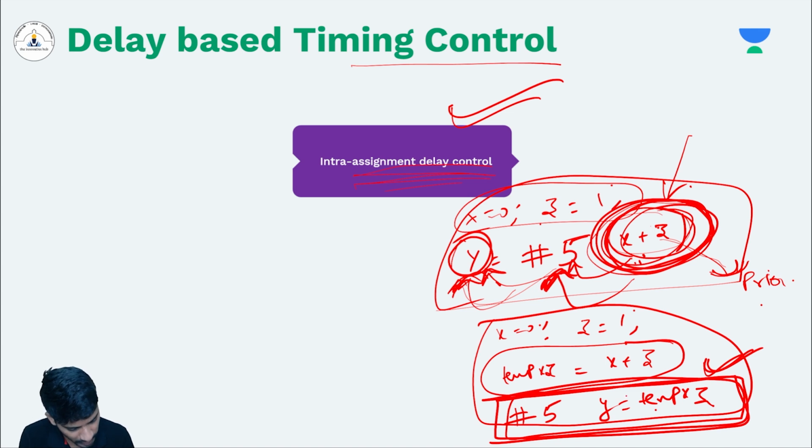But if you write an expression like this, hash 5 Y is equal to X plus Z, what is the difference? Here I am defining the delay first and the assignment later.